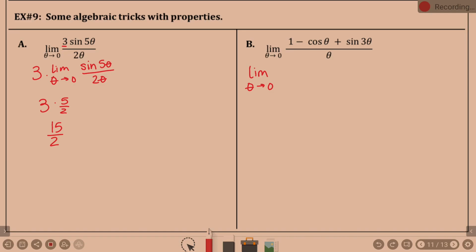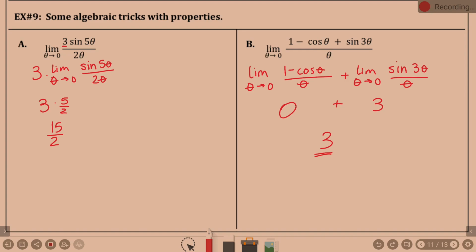Then you can say 1 minus cosine theta over theta is one limit, plus the other limit, which is sine of 3 theta over theta. This one we know is 0. No, this one, it's going to be 3. Basically it's 3 times 1, or in other words, 3. So I just combined steps. Yep, you did. You both said valid things. You did it the proper way, the proper way to separate the fraction.